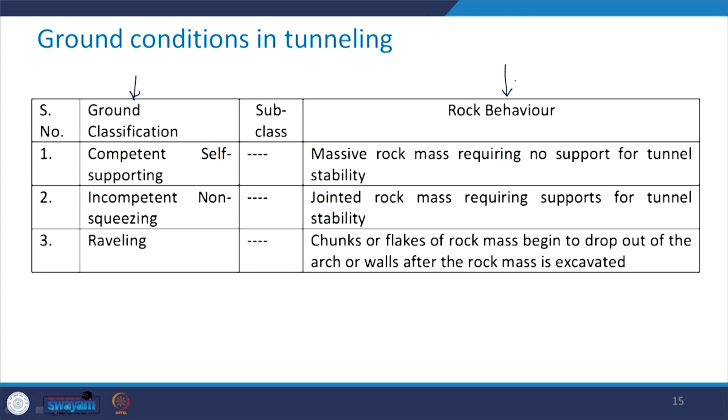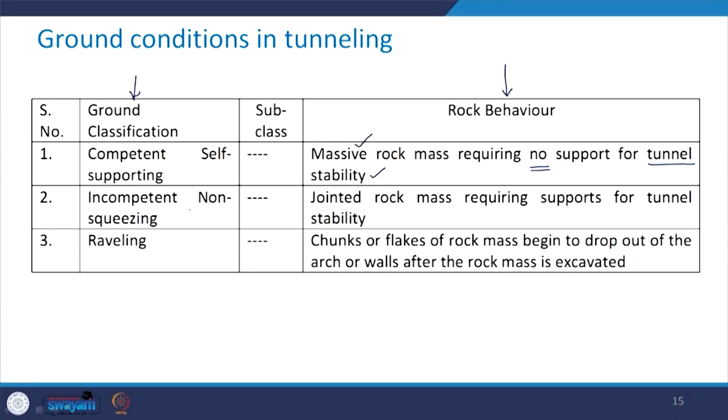This means that it comprises massive rock mass which requires no support for tunnel stability. That means if you have an excavation through competent self supporting rock, then that tunnel may not need any kind of support for its stability.